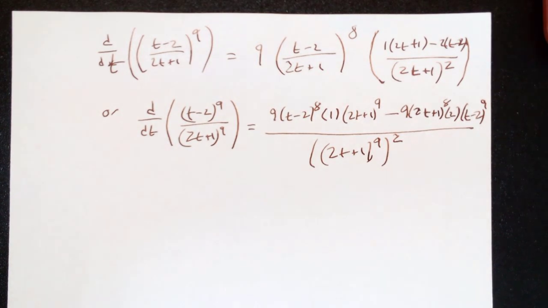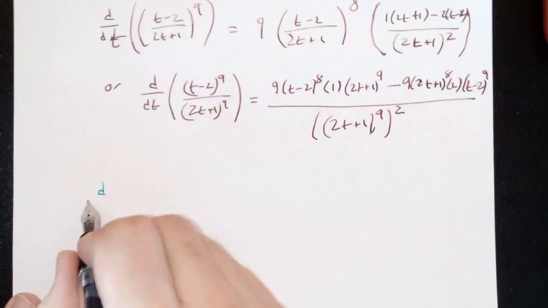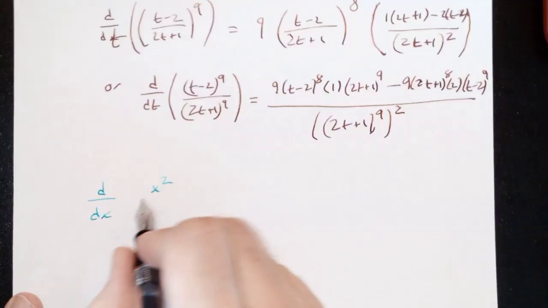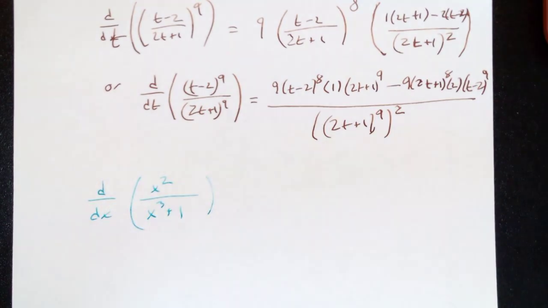I did promise you, though, I would show you where the minus sign came from in the quotient rule. Ready? I have a quotient here. I don't want to do the quotient rule.